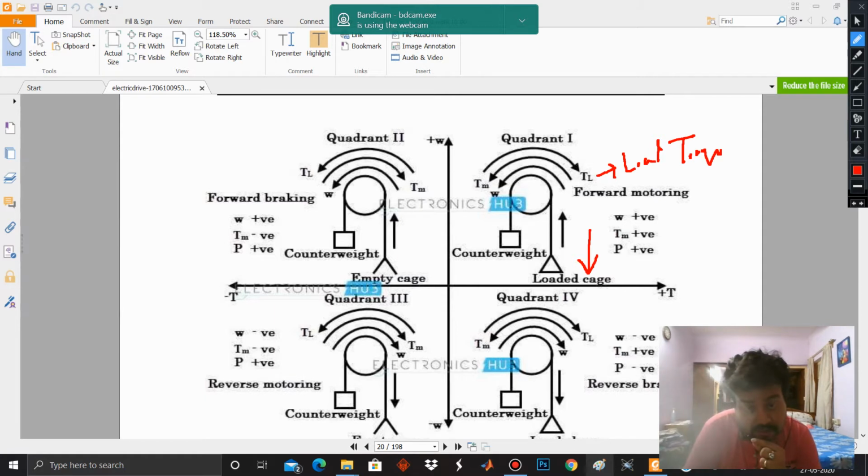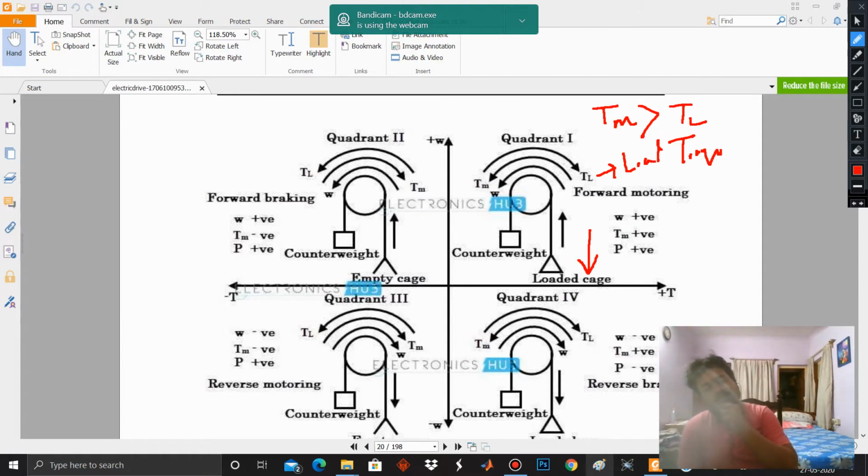And obviously, in order to move the cage up, the motor torque, that is tau m, should be greater than tau L. Only then the cage will move upwards. And what will be the direction of the rotation? Obviously, since the loaded cage is moving upwards, it will be in the anti-clockwise or counterclockwise direction.